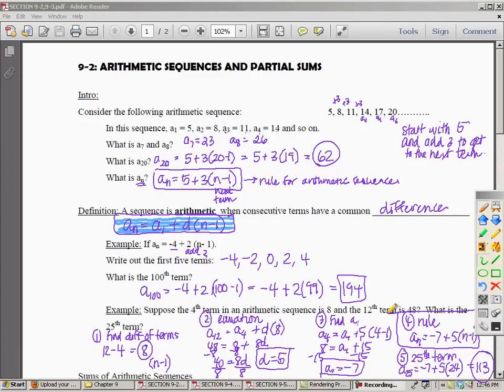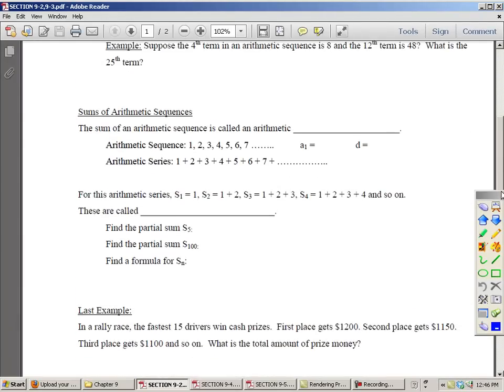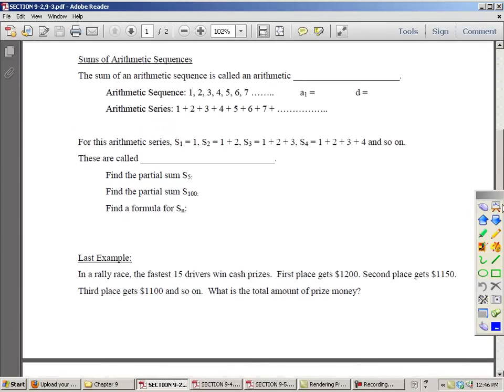What we're going to talk about next is series. So as I slide this down, an arithmetic sequence means that I'm adding up; when I take the sum of an arithmetic sequence, we call it an arithmetic series.